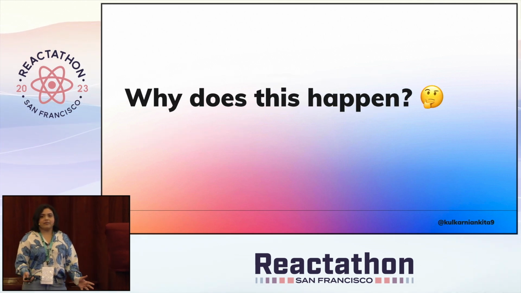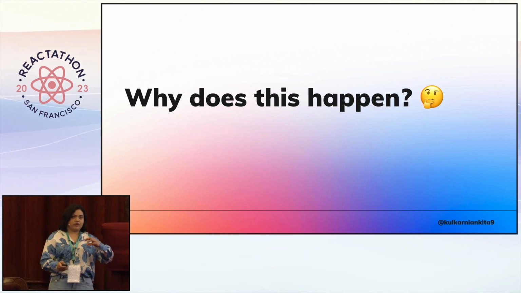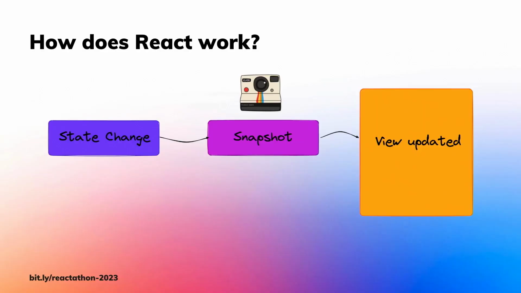But why does it happen? How can we prevent that from happening? So let's talk about how React works in general. Application state changes, then it triggers the re-rendering. For example, photos are being taken by the re-rendering tool, all the children get re-rendered, and your view gets updated.